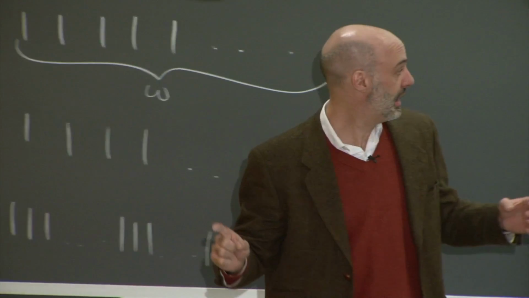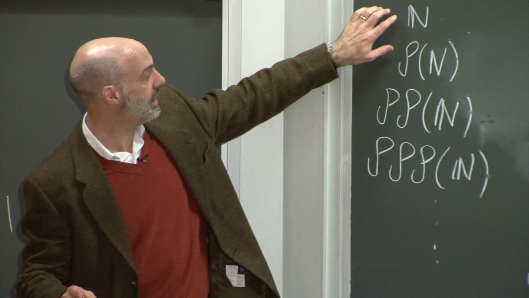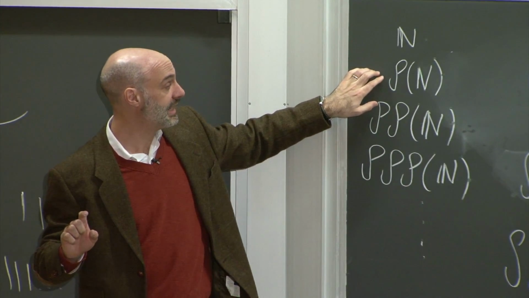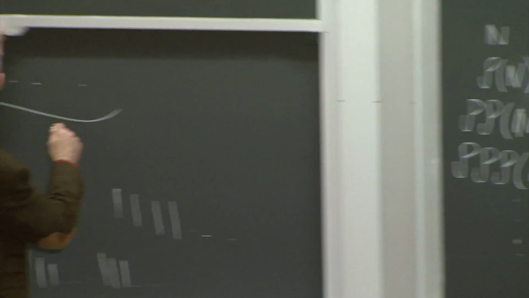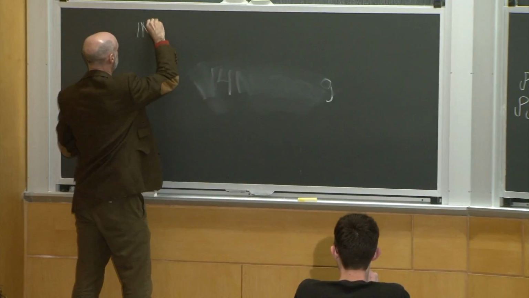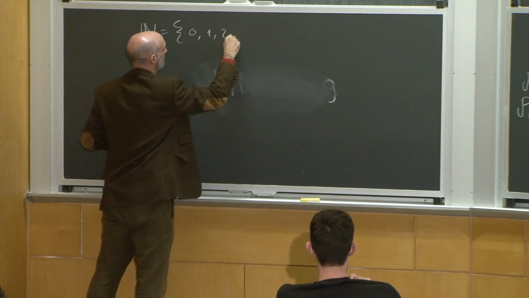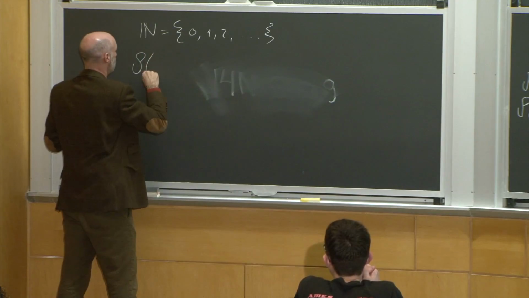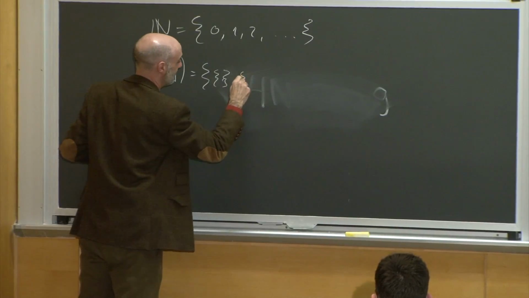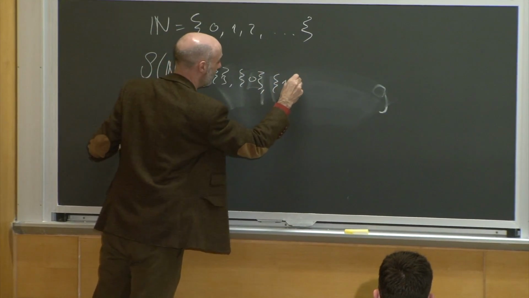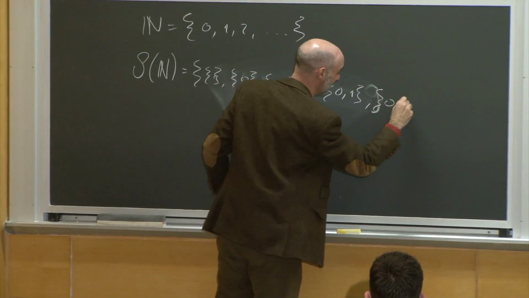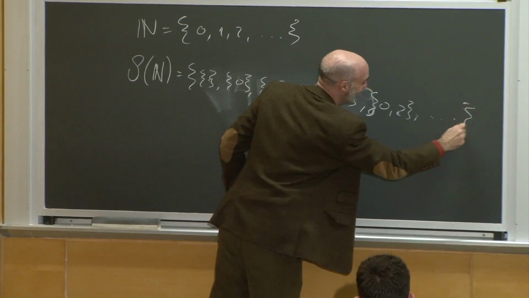So Rose is totally right. Here we have only natural numbers and no sets, so using Rose's notation, no brackets. Here we have sets of natural numbers. So the second member is going to contain the empty set, and the set containing only 0, and the set containing only 1, and then the set that contains 0 and 1, and the one that contains 0 and 2, and so forth.